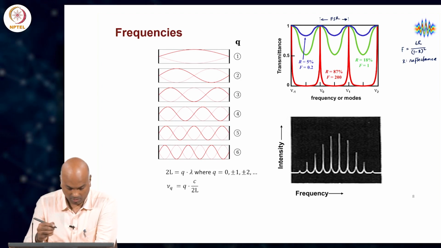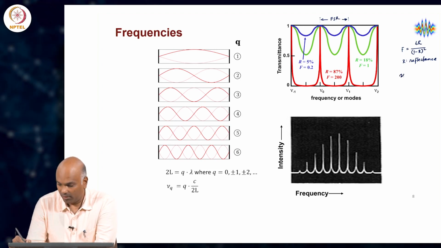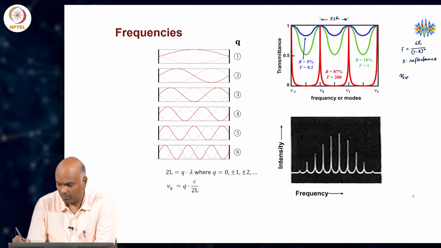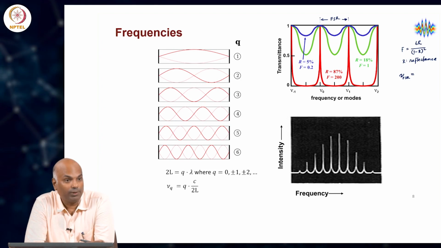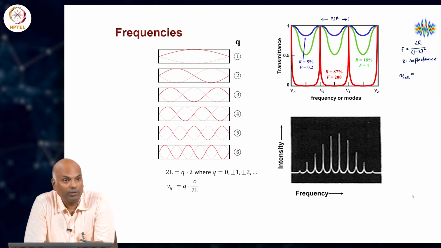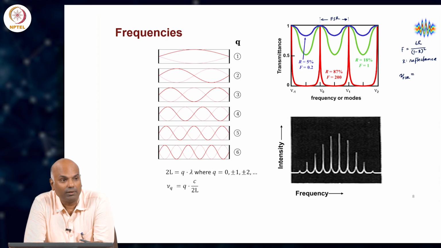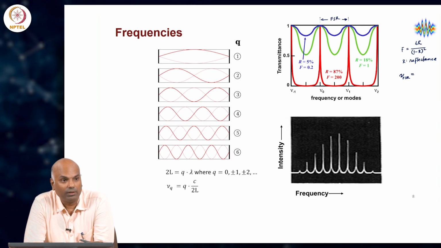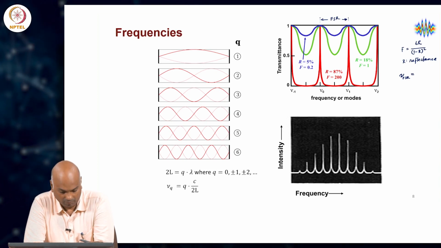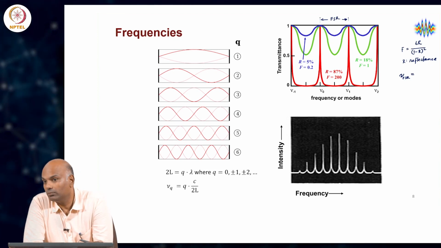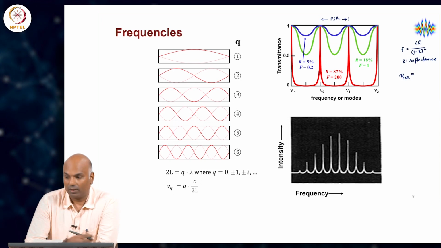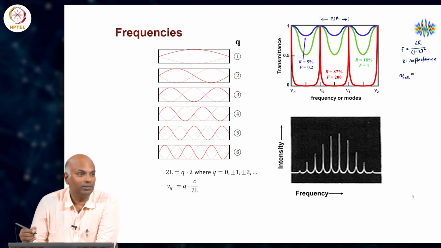And what is the free spectral range for the cavity? If nu is the cyclical frequency, then the free spectral range in this variable is what? Anybody?